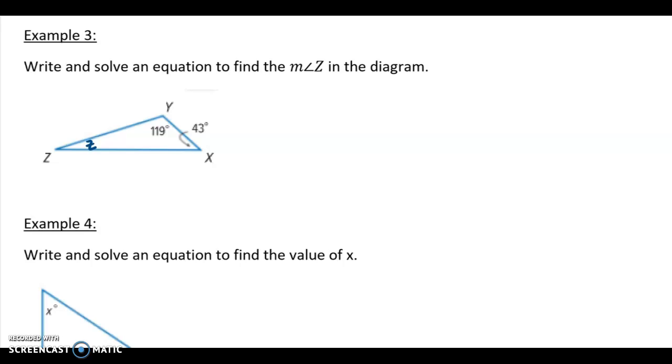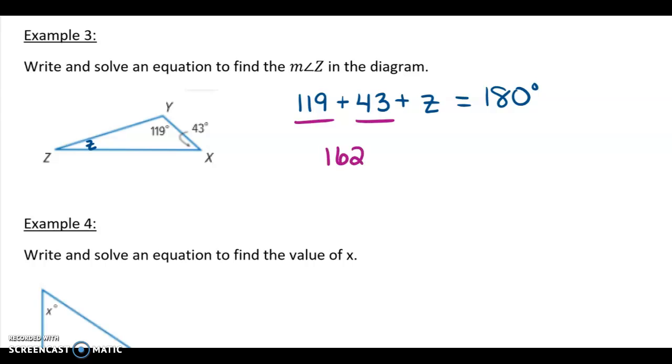The angles added up should equal 180 degrees, so I'm going to add them up, include my missing Z. Combine my like terms. 119 plus 43 is 162 plus Z is equal to 180, and then I can subtract 162. So 180 minus 162 is 18 degrees. So the measurement of Z is 18 degrees.